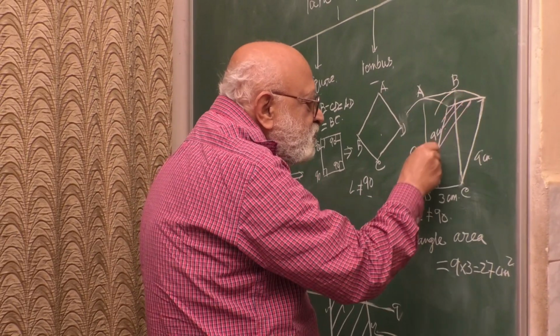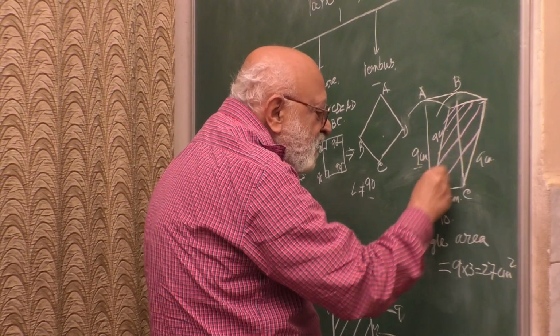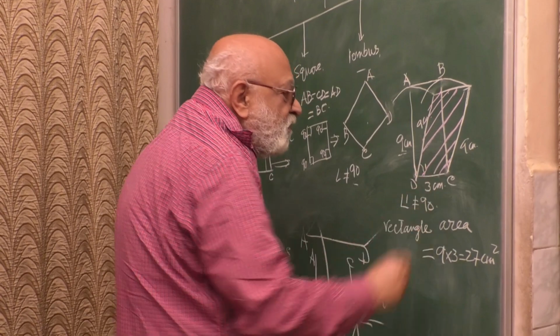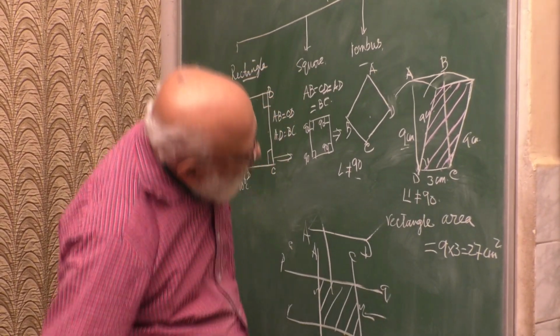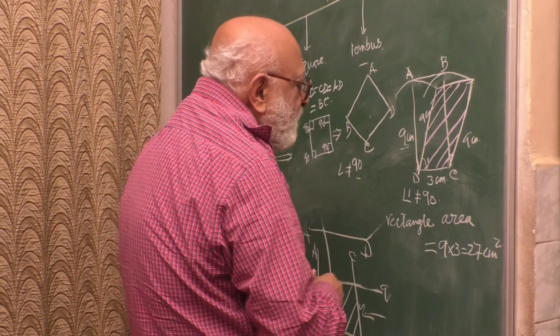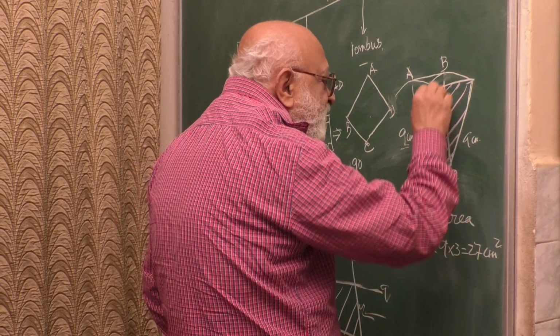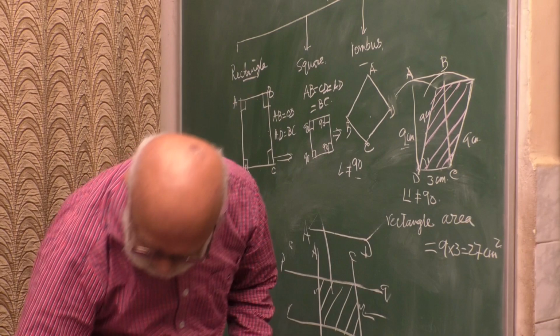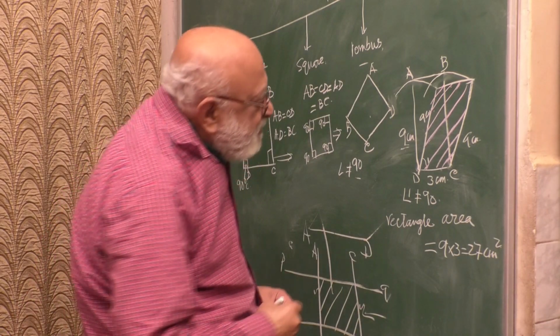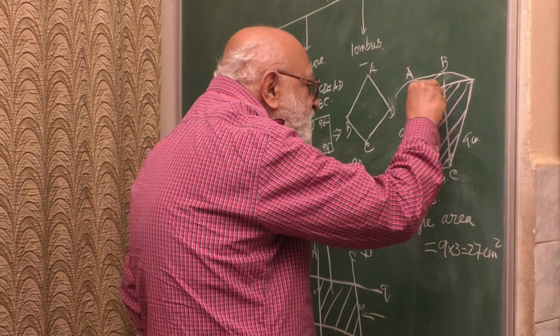I'm going to hatch it. As I have told you before, I like hatching. So what will be the area of this particular one? If you see, I can divide this area into two triangles, right?